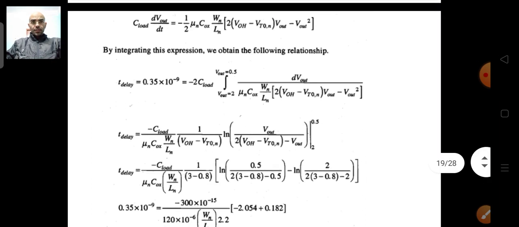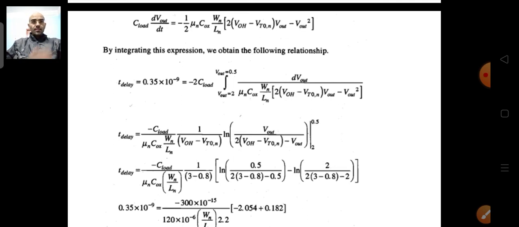In the second condition, we have the given delay. Delay here is like fall time. Although it is written delay, in this particular constraint we are considering the fall time. It is given that the fall time is 0.35 nanoseconds when the voltage transits from 2 volts to 0.5 volts.